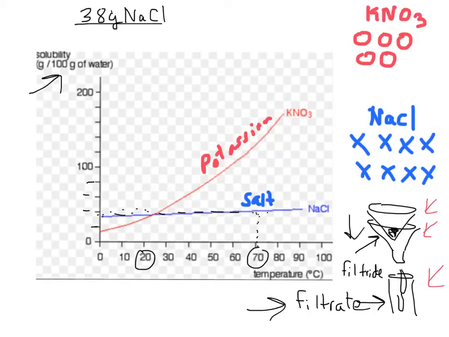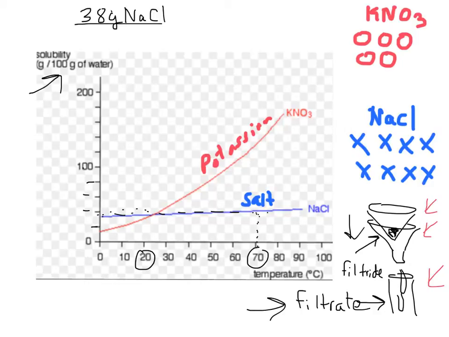Obviously the only way you can get a density of 1 is if your mass and volume are the same. That way you're dividing the top number by the same number on the bottom, and that turns out to be 1. So you'll often see units on solubility graphs that say 100 grams of water. Sometimes it'll say 100 centimeters cubed, sometimes it'll say 100 milliliters. It's all the same thing, but only if you're talking about water, because water has that density of 1.